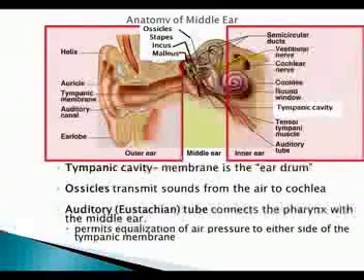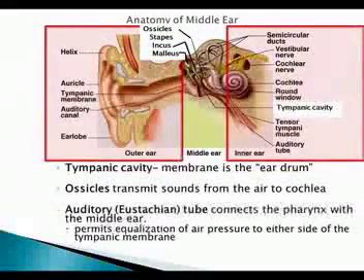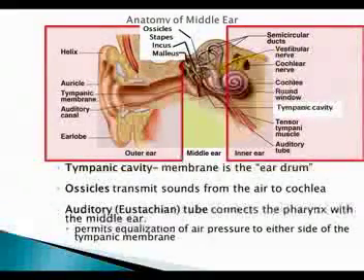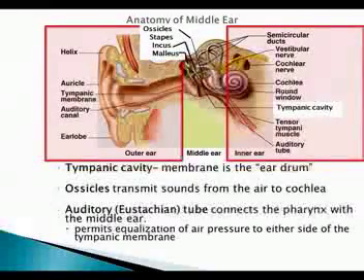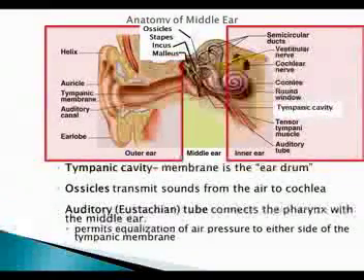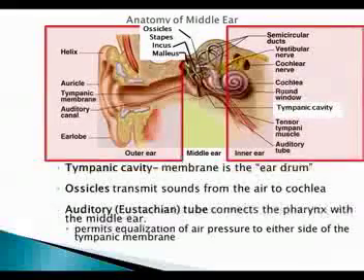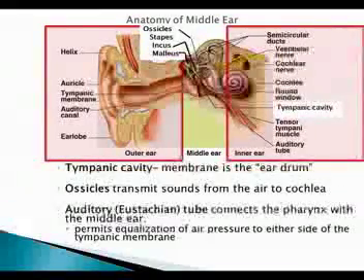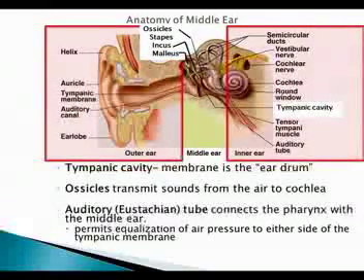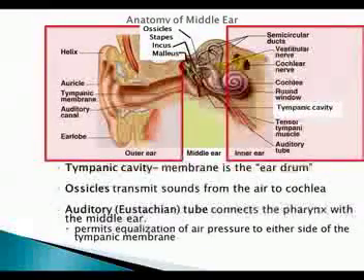The middle ear has a couple of bones that exist inside of it. All right, so it's got these things called ossicles, and if you look at the root of that word, ossicles, osteon, bone, all right, same thing. You have the stapes, the incus, and the malleus. They get their names because the stapes looks like a stirrup, the incus looks like an anvil, and the malleus looks like a hammer or a mallet.